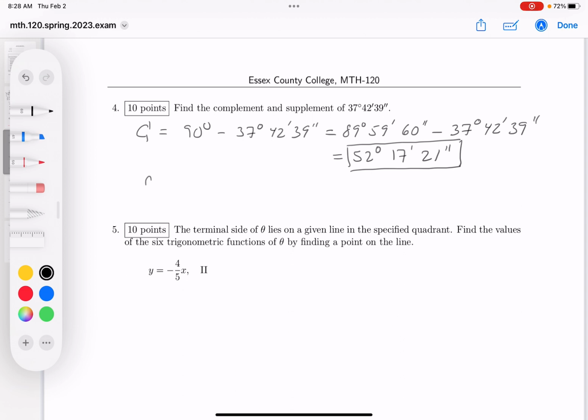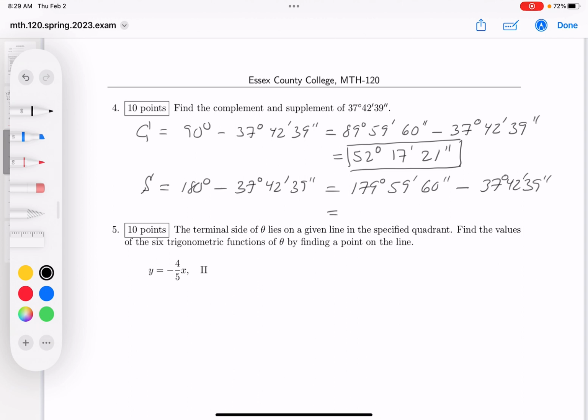The supplement. The supplement is going to be 180 degrees minus that acute angle, which is 37 degrees, 42 minutes, 39 seconds. Same thing, going to borrow. So it's going to be 179 degrees, 59 minutes, and 60 seconds, minus 37, 42, 39.